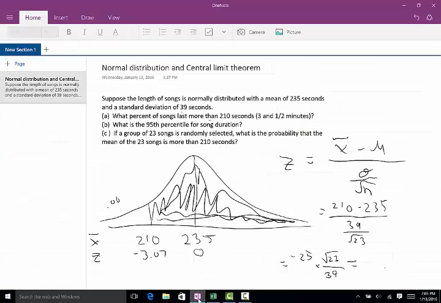This part is 0.00105. To get this part, we'll do 1 minus that. And our answer here is 0.9989. Almost a sure thing.